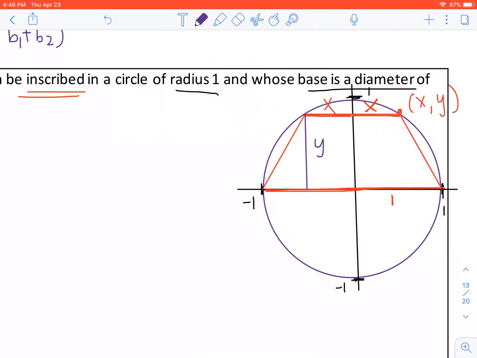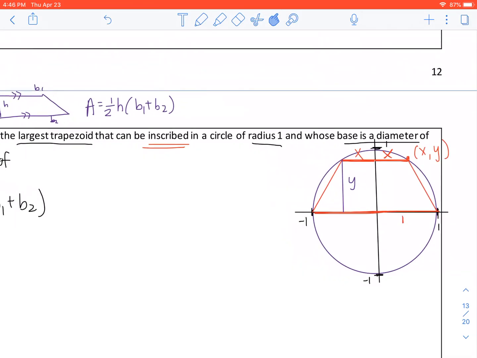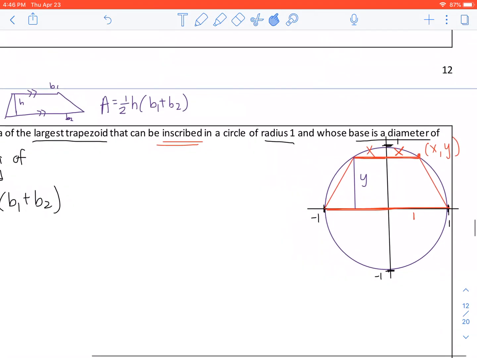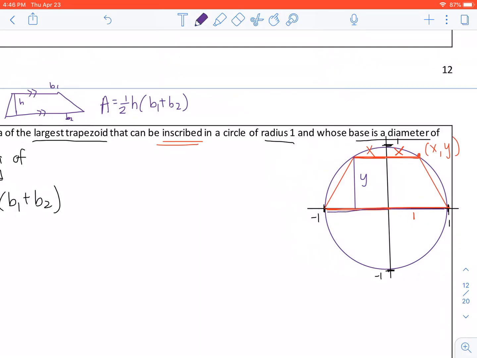So if I look at the formula that I used over here, I have B2, which is the bottom of it. Well, my base on this side is 1, and the base over here on this side is also 1. So B2 is 2. And B1, which is up here at the top, is x plus x, or just 2x.